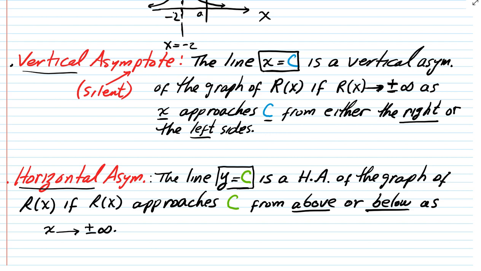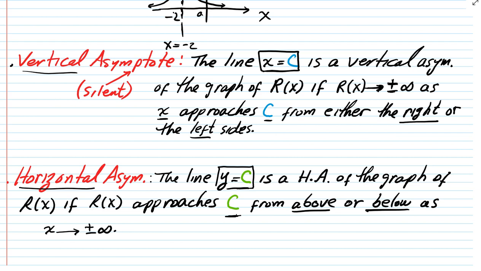The line y equals c is a horizontal asymptote of the graph of a rational function r of x if the rational function approaches c, this time from above and below. See, for vertical asymptote, we approach c from right and left. This time we approach a line.